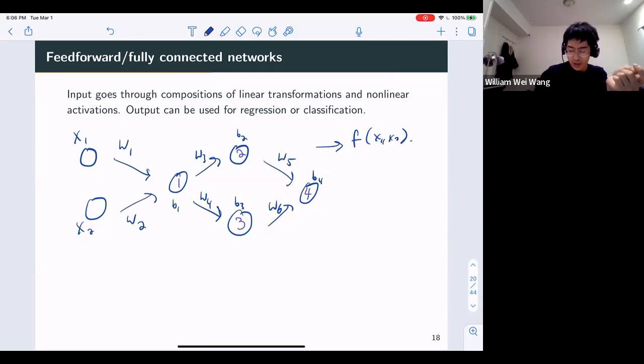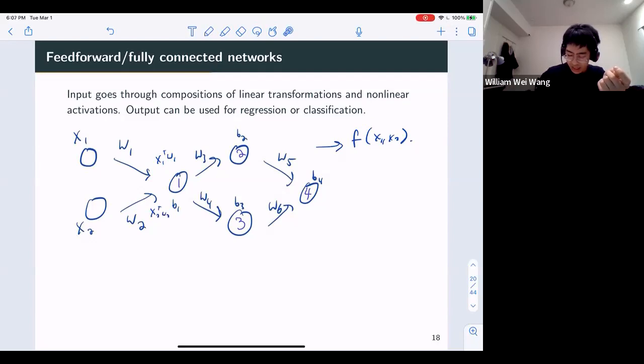And let's see what we do here. First we start at x1, this is a node. Whenever there's an edge here with a certain weight, we multiply. So over here, we have x1 transpose w1, and over here we have x2 transpose w2.